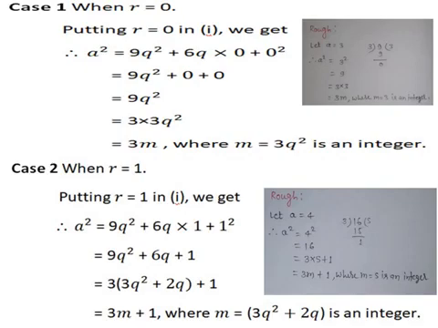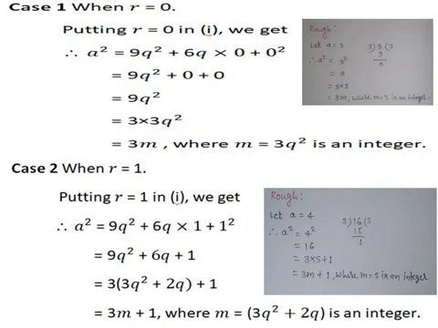Case second, when r is equal to 1, putting r is equal to 1 in equation first, we get a square is equal to 9q square plus 6q into 1 plus 1 square, equal to 9q square plus 6q plus 1, equal to 3 into (3q square plus 2q) plus 1, equal to 3m plus 1, where m is equal to 3q square plus 2q, an integer.